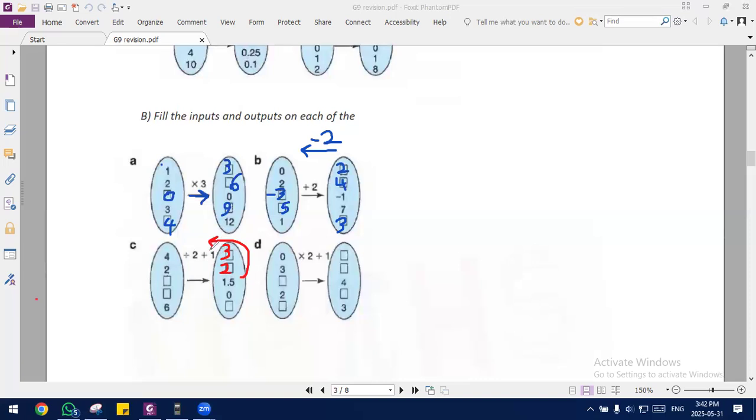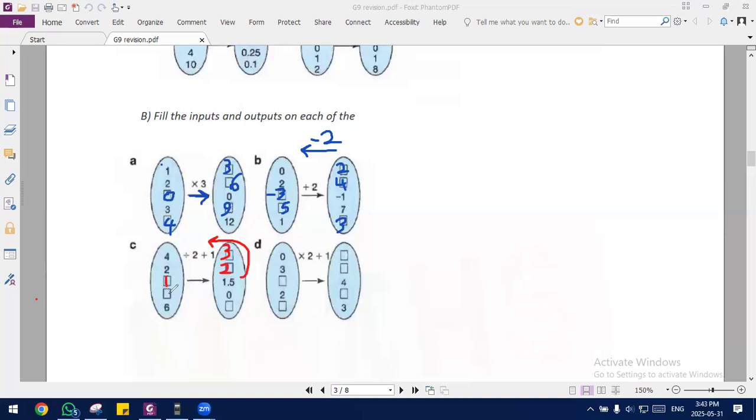You start from here, so you do minus 1. 1.5 minus 1 is 0.5. Then they multiplied by 2, so you do the opposite, which is 0.5 times 2, 1. Let's try our answer. 1 divided by 2 is 0.5, plus 1, 1.5. Perfect.